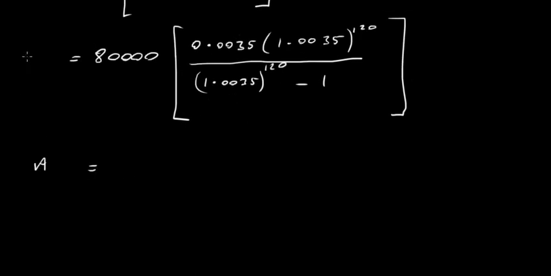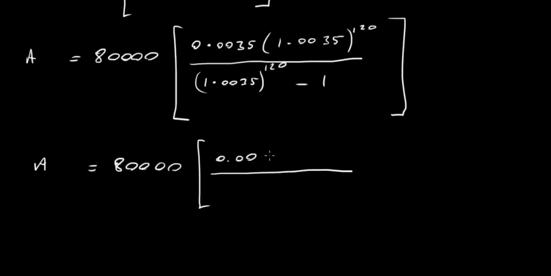Okay, so again we have everything in our formula here. This is our A here again, by the way, so this is 80,000. Again, you can work this out on your calculator. You can do a few steps in between here if you want, but what you basically get on the top here, the numerator, is 0.00532296, and then our denominator is 0.420846.